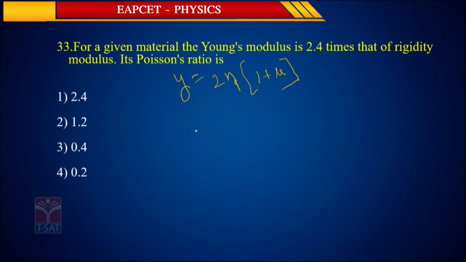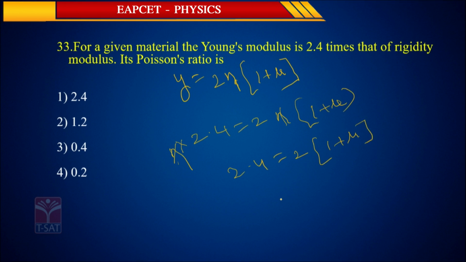Okay, the Young's modulus value is given as 2.4 times the rigidity modulus. Therefore, eta into 2.4 is equal to 2 into eta into 1 plus mu. See children, eta gets cancelled, so 2.4 is equal to 2 into 1 plus mu.